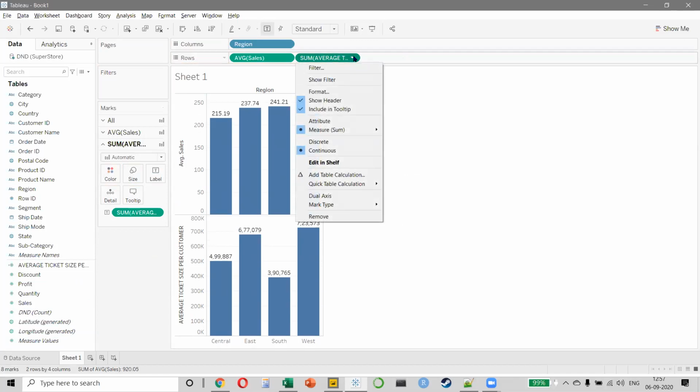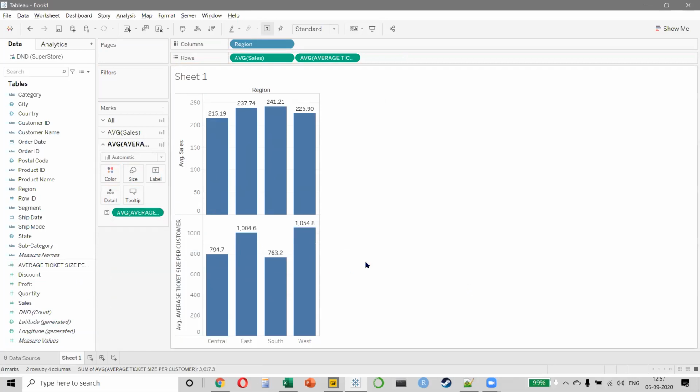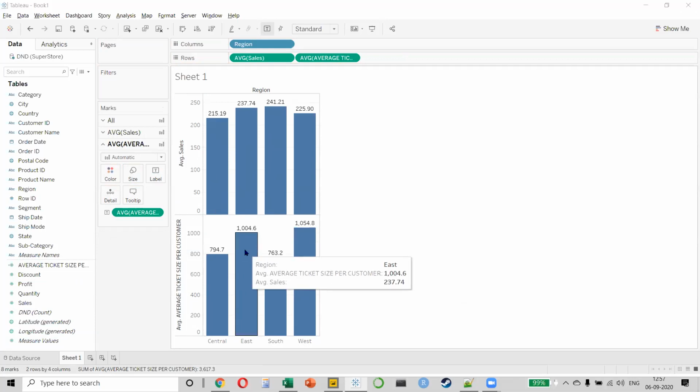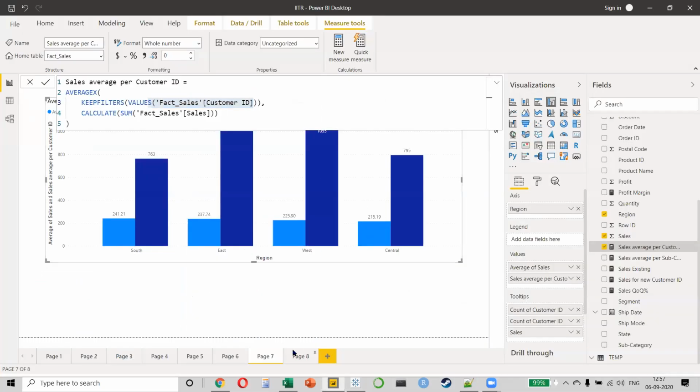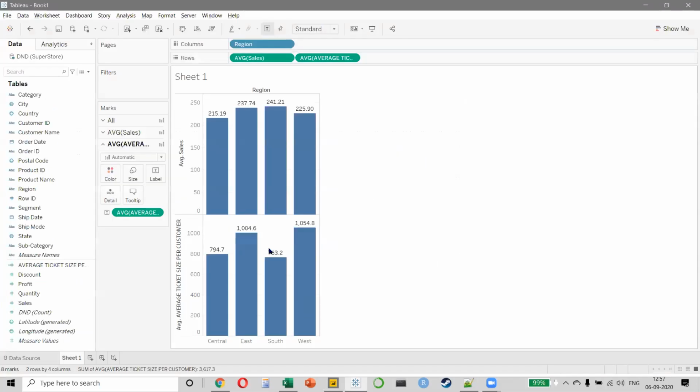And we also want to look at the average now. So we look at the average. So basically, if you look, 1055, 1005, same thing, 1055 for West and 1005 for East. That is what we have managed to do in Tableau as well. The process, as you could all see, is very different.